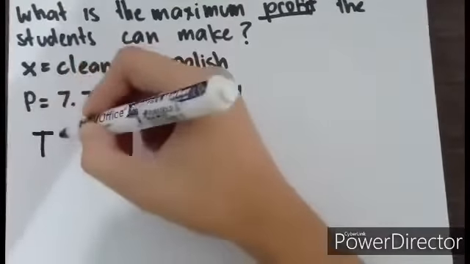The x will be 80, 0. So in this graph, it will be 10, 20, 30, 40, 50, 60, 70, 80, and there's my x-intercept.